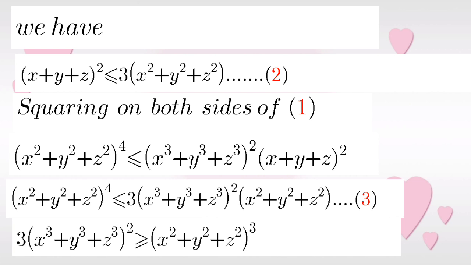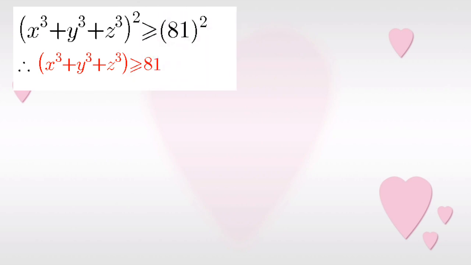From the given question, let us substitute the value x² + y² + z² = 27. By simplifying and manipulating everything, you will get x³ + y³ + z³ is greater than or equal to 81. I think this is the desired solution. I hope you can understand how we can use Cauchy-Schwarz inequality in this type of problem.